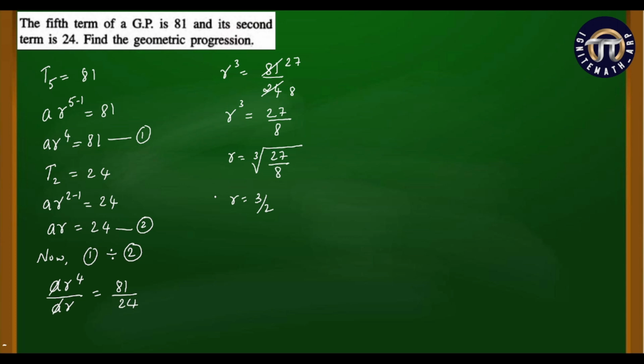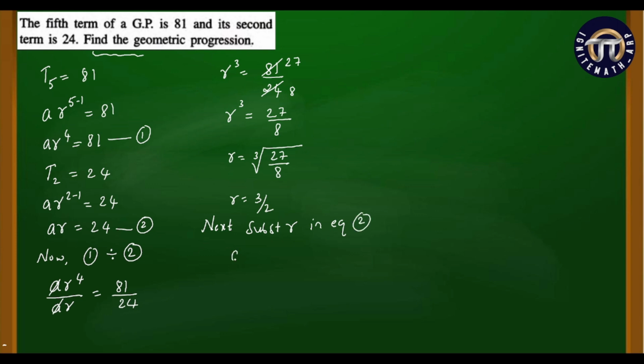So now I got to know what is R. So your question is to find the geometric progression. To find out the geometric progression, I must know what is R as well as I must know what is A. So my task is to find out the A. So next what I do, substitute R in any one of the equations, whichever is easy you feel. So in equation 2 I do.